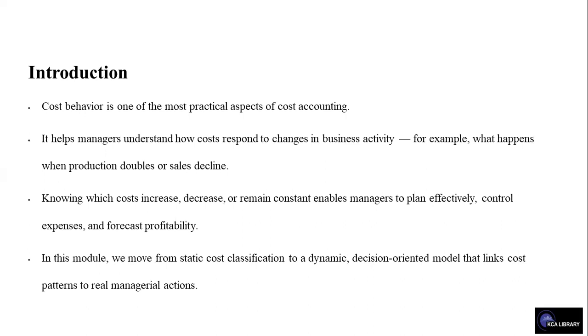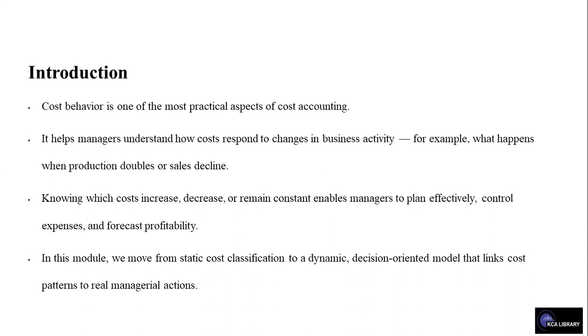Cost behavior is one of the most practical aspects of cost accounting, and it helps managers to understand how costs respond to changes in business activities. For example, a question like what happens when production doubles or sales decline?